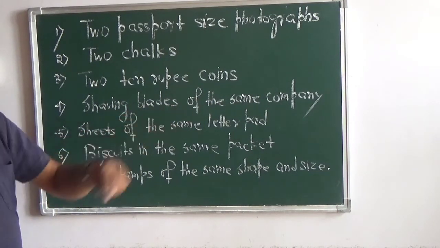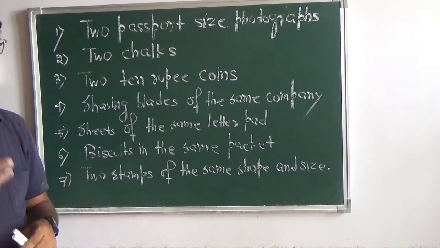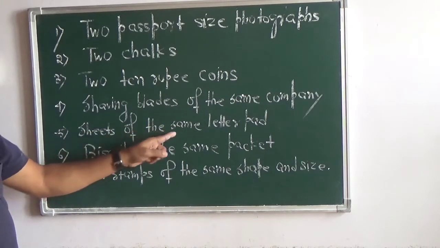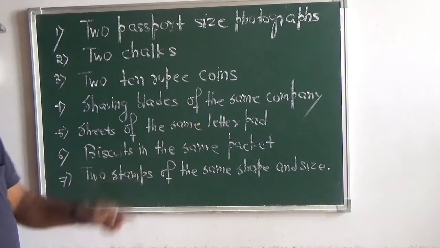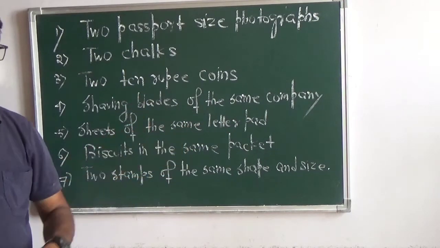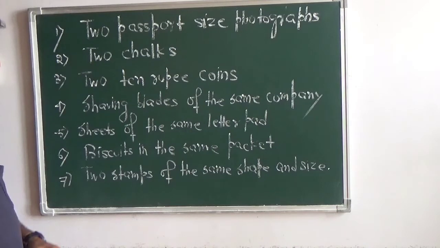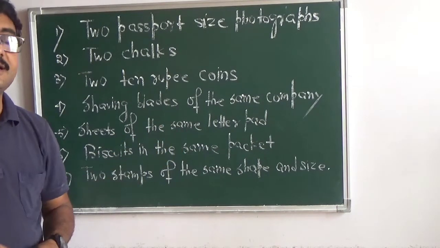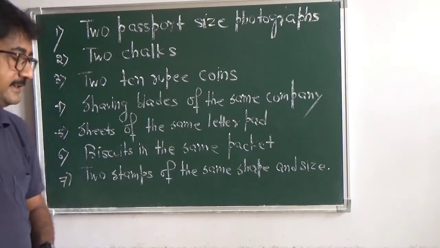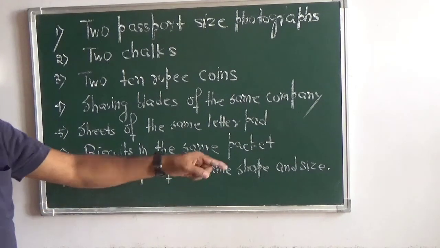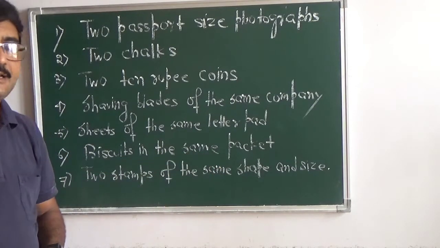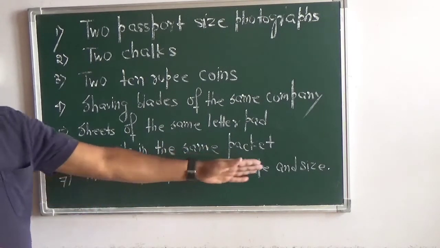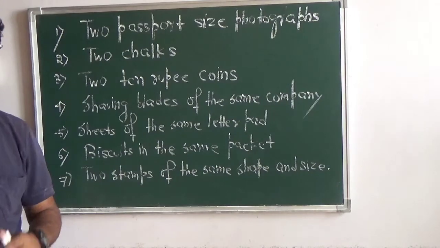Sheets of the same letter pad, if you take them out from there, all are of the same dimension, they are equal in every respect, so they are also congruent figures. Biscuits in the same packet, any brand, you will find they are of the same shape and the same size, and hence we can call them congruent figures. The two stamps of the same shape and size, any postage stamp that you collect from the post office or somewhere else, if they are of the same shape and size, we call them congruent figures.